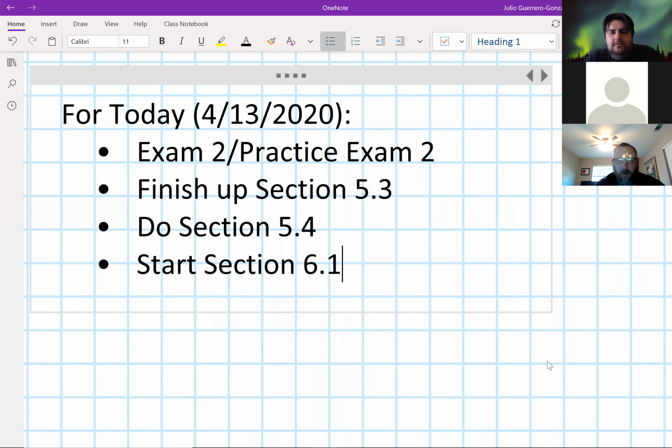So we left off at section 5.3. I want to do section 5.4 today so that you guys can have everything for exam 2 ready to go. And if possible, start section 6.1. Section 6.1 is not time critical since this is not on the exam. We can push this off to next Monday if needed.